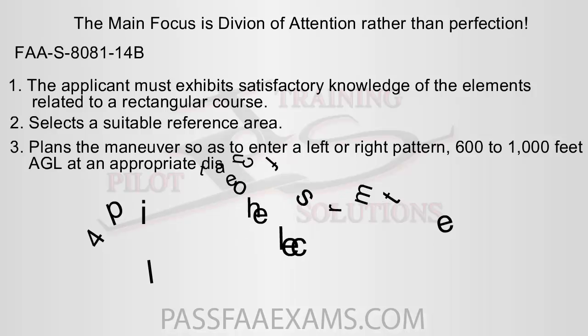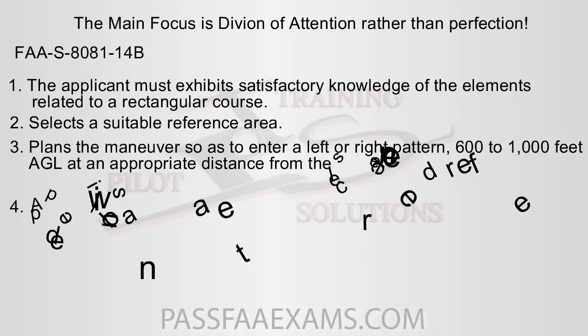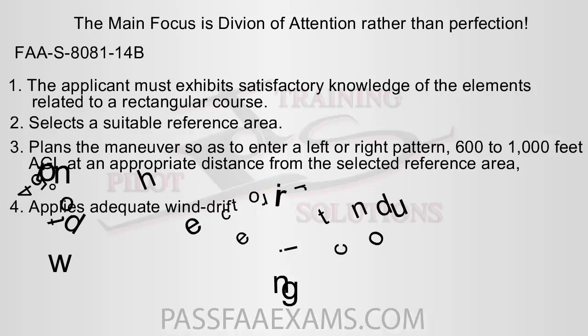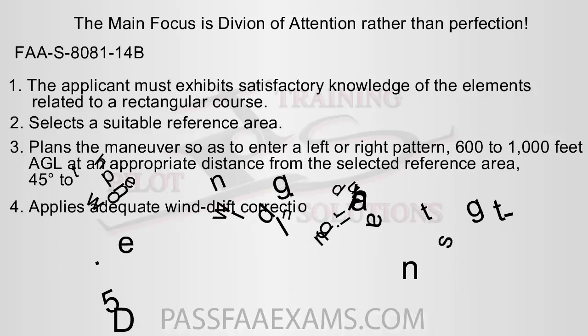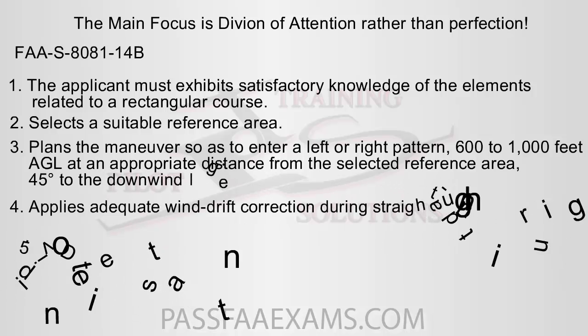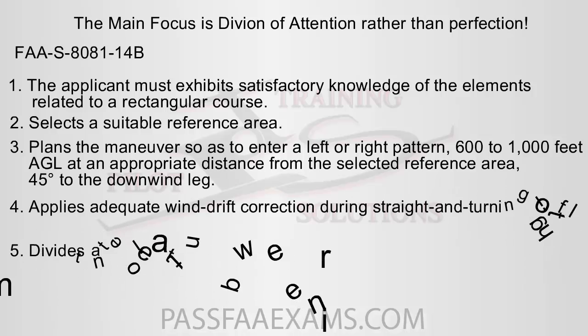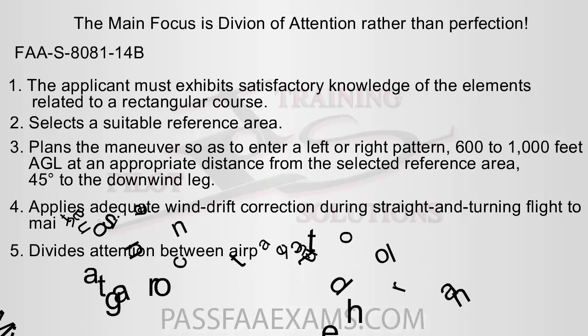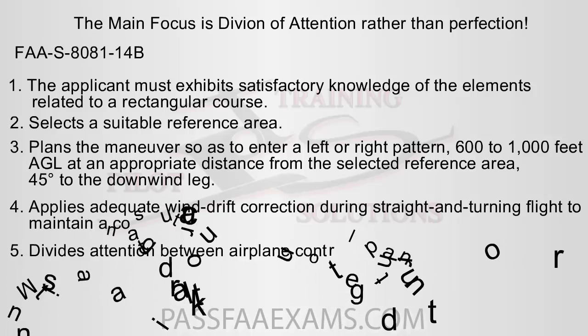You apply adequate wind drift correction during the straight and turning flight to maintain a constant ground track around the rectangular reference area. 5. You divide your attention between airplane control and ground track while maintaining coordinated flight. And finally, you maintain the altitude within 100 feet and maintain your airspeed within 10 knots.